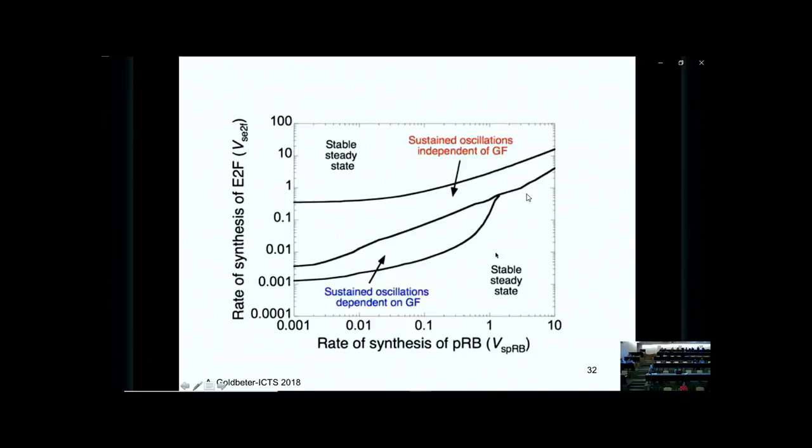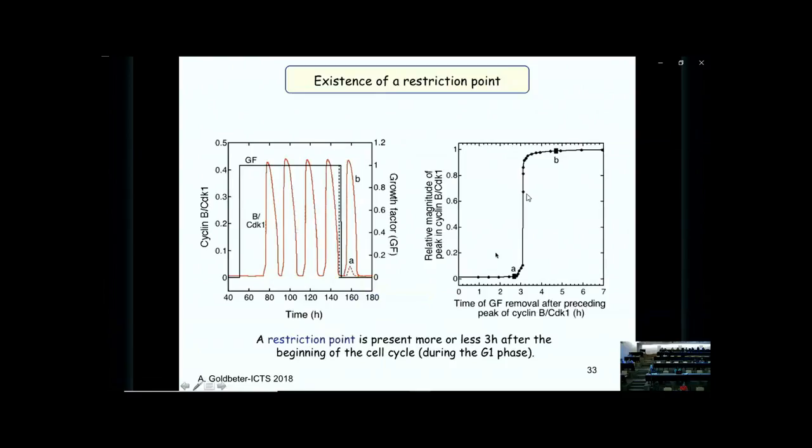The model can also be used to discuss the existence of a restriction point, but I will try to move a little faster here. What is a restriction point? It is a point beyond which the cell proceeds to finish the cell cycle in the absence of growth factor.